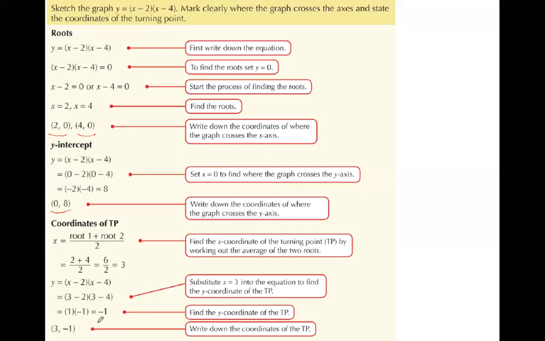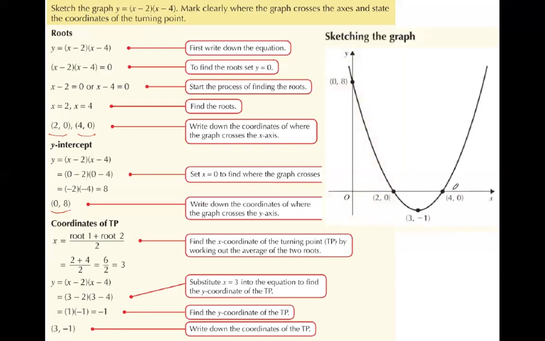Okay. So let's see what it looks like. We've got the roots 2, 0, 4, 0, turning points 3, negative 1, and the y-intercept 0, 8. You put all those points and you join the parabola lines there.